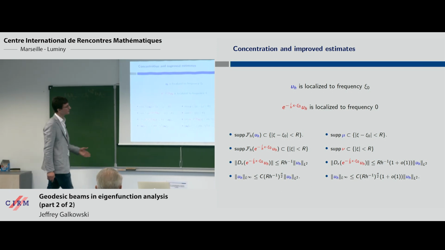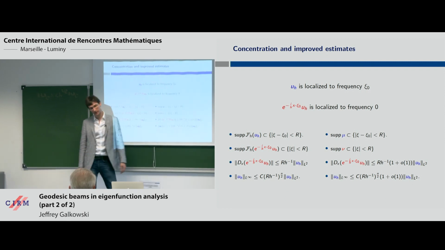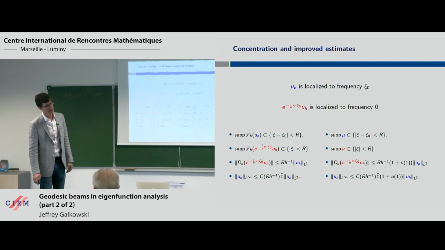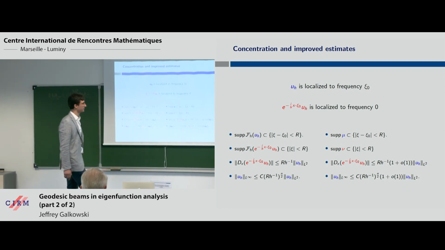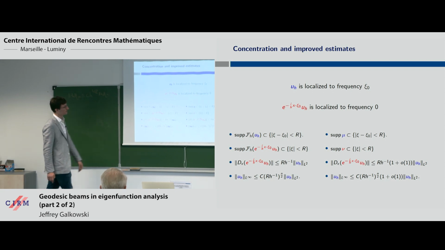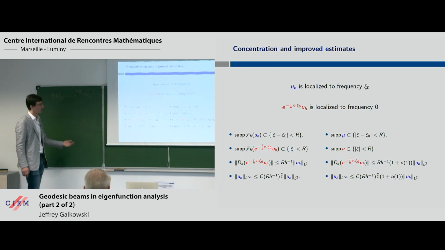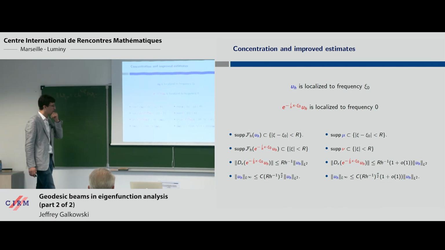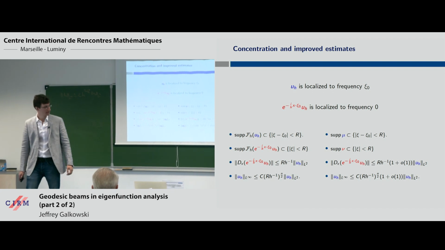On the right-hand side, I'm forced to take r not going to 0 with h, because if it does, then this error will swamp out any gain I have. But on the left-hand side, I can start to take r's which depend on h, r's which go to 0 polynomially in h. And so I can get polynomially improved estimates for each of these concentrated states.